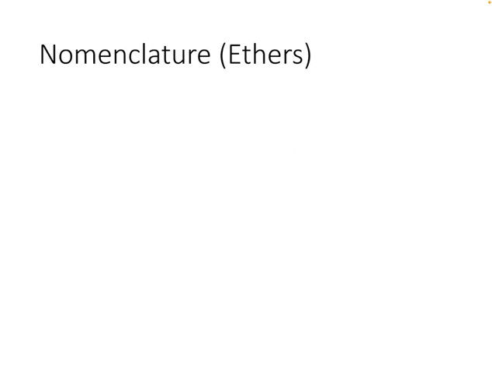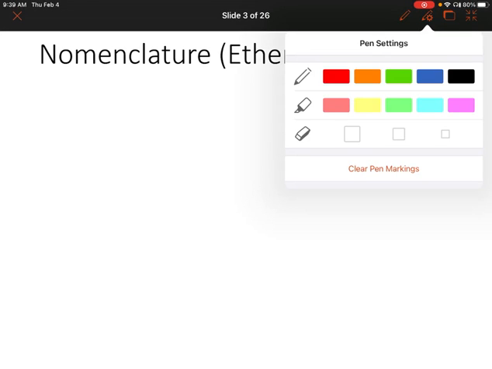Now, let's talk about how to name ethers. So earlier I mentioned that ethers have an oxygen in between two alkyl groups, and those alkyl groups could be the same or different. So let's look at a couple of examples.